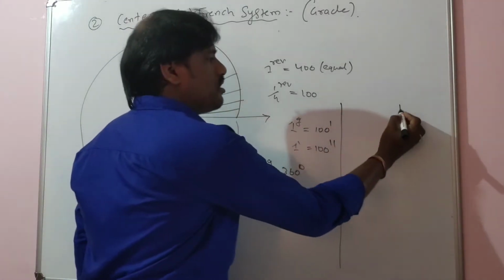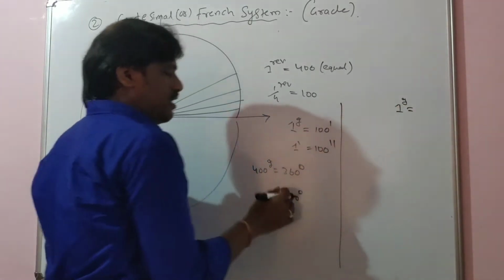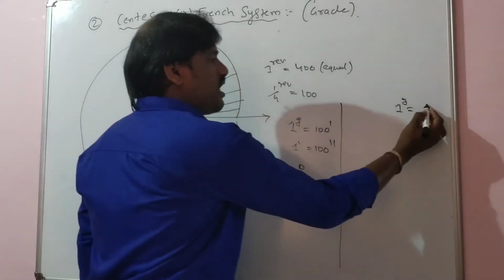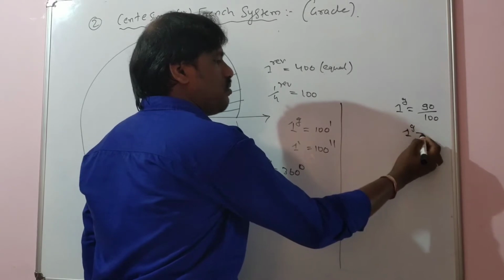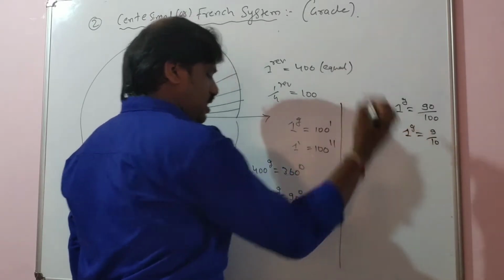One grade will be how many degrees? One grade is equal to 90 by 100, that is 9 by 10 degrees. So you can write 100 grades as 90 degrees, and dividing, 1 grade is equal to 9 by 10 degrees.